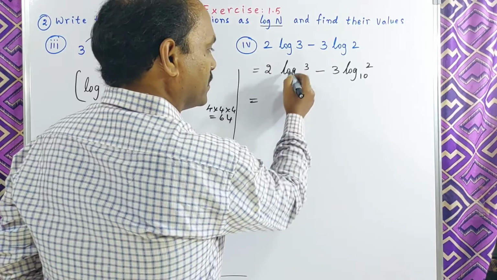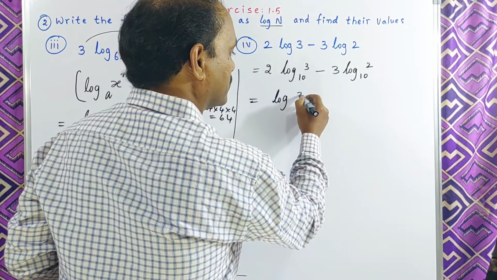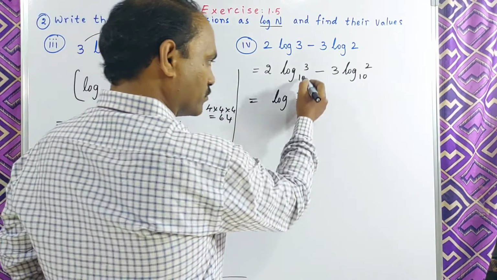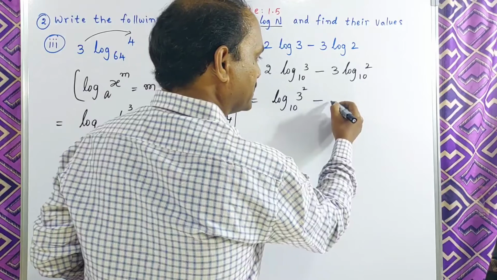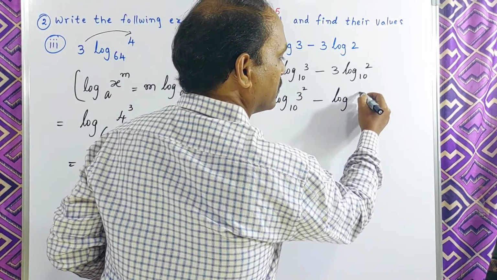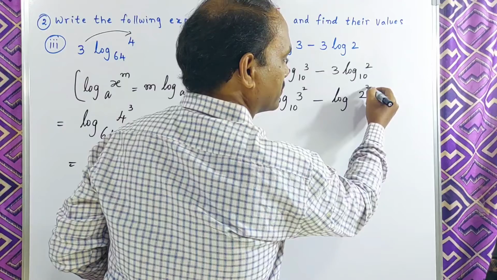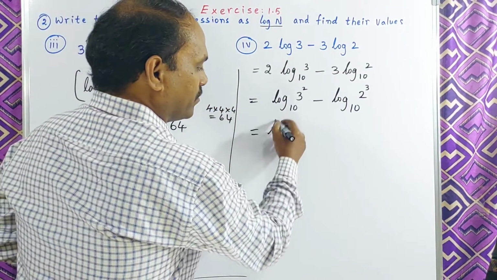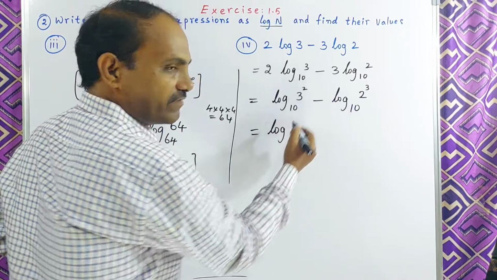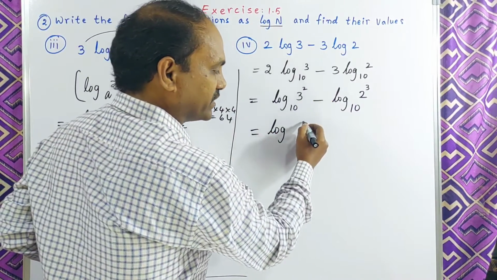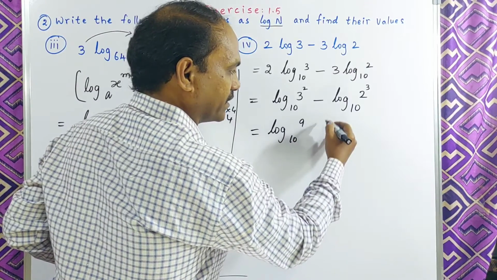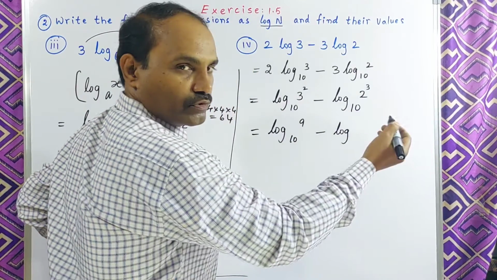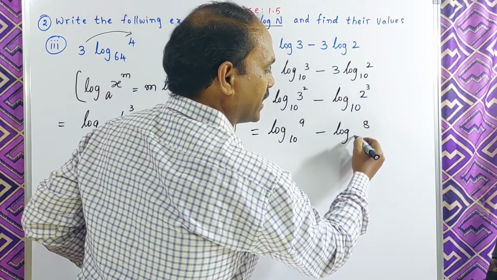That's why here log 3 square to the base 10 minus log 2 cube to the base 10. Now log 3 square value means 3 into 3, 9 to the base 10. Here log 2 cube, 2 into 2 into 2, 2 2s are 4, 4 2s are 8, to the base 10.